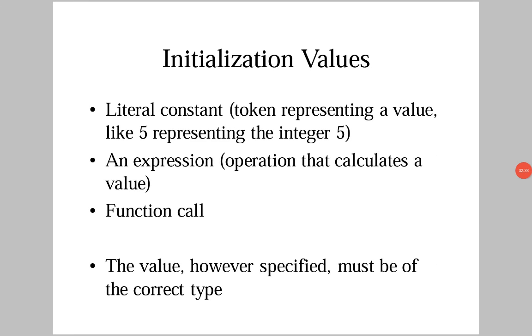Next is initialization values, so literal constants. Generally there are a number of constants available, like string constant, character constant, numeric constant, like that. Literal constants are tokens representing a value, like 5 representing the integer. The value however specified must be of the character type.